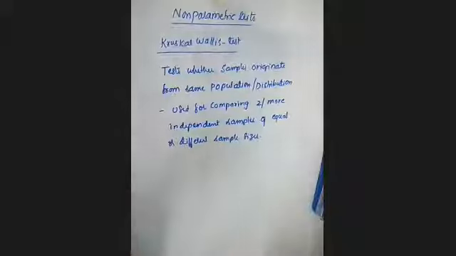We call this the Kruskal-Wallis test. What is it? It tests whether the samples originate from the same population or distribution. That means the samples we are getting are either from the same population or not. For that we test with the Kruskal-Wallis test, and it is also used for comparing two or more independent samples of equal or different sizes.